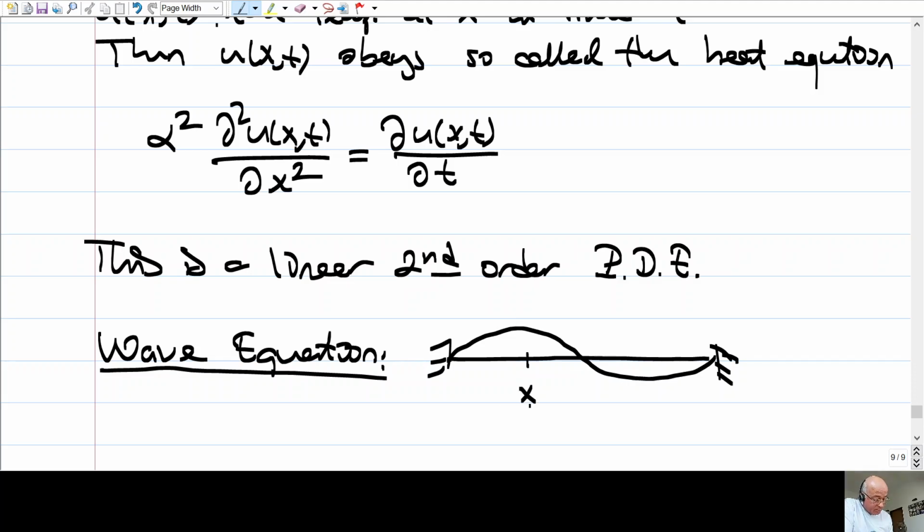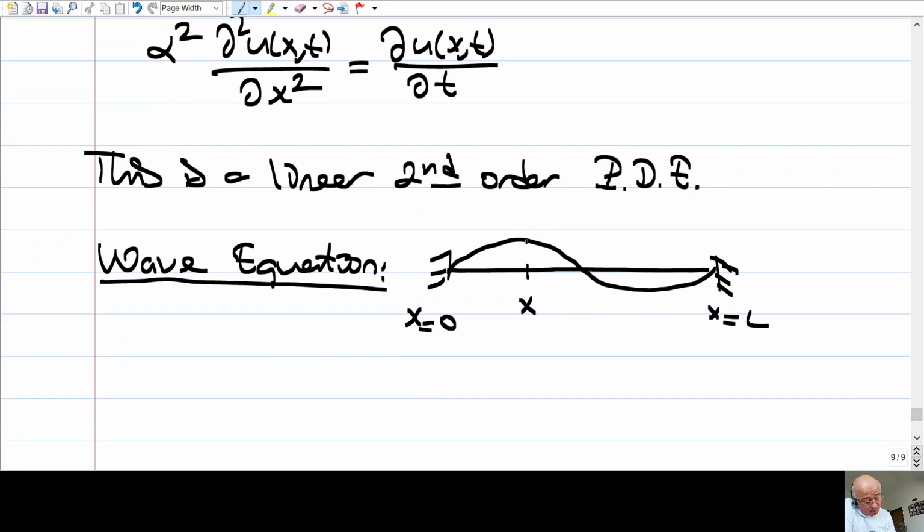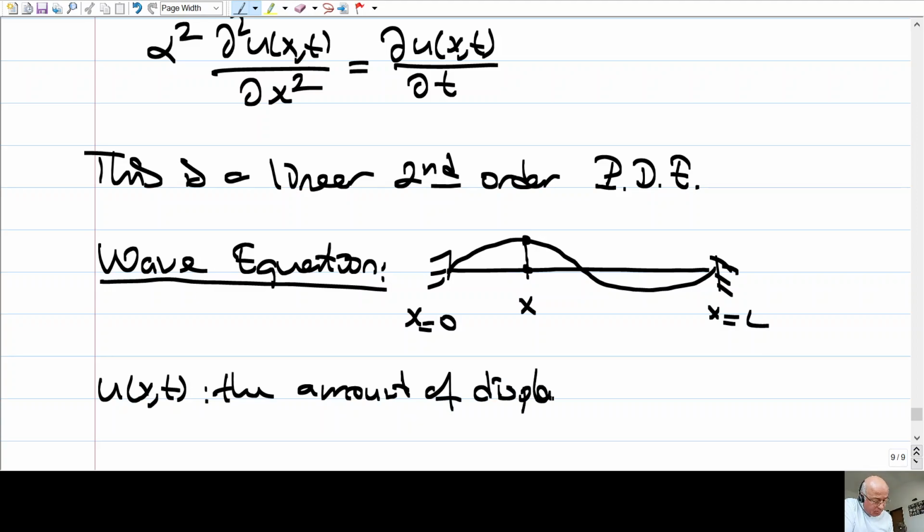Suppose it has length L, and at the point x you measure the displacement from the equilibrium. Okay, so u(x,t) is the amount of displacement at x at time t.